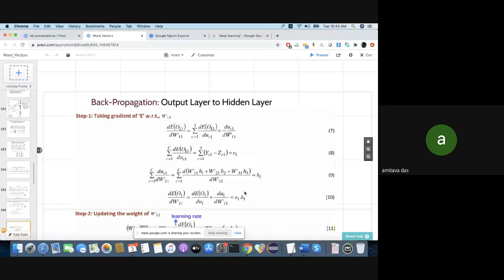So this is my new delta change I have to make in the weight W11, which is E1 H1. That was the error, and this is H1, the partial derivative based on this particular cell and layer. So E1 H1 is what I need to change. Okay, any question here?